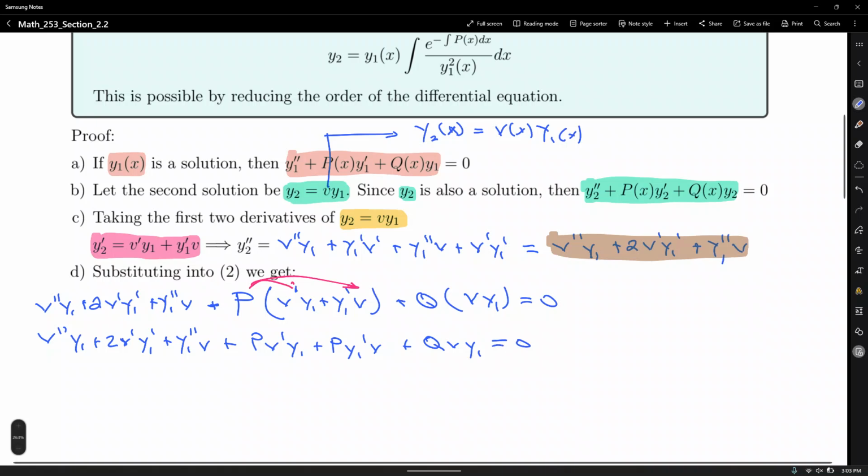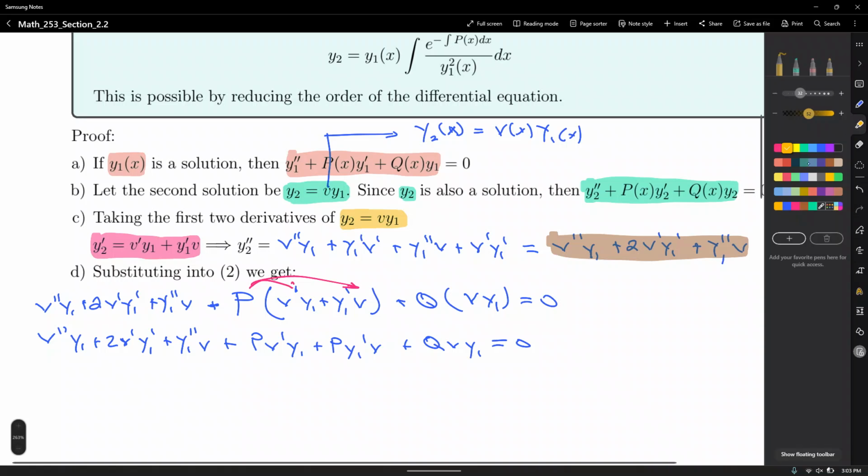What are we going to do at these steps? Because we have a bunch of terms all over the place. The trick here is to highlight all terms containing v. That is this one right here. Let me use a different color so it doesn't get confused with other highlighting. Highlight all terms containing v, not v prime, not v double prime, just a single v.